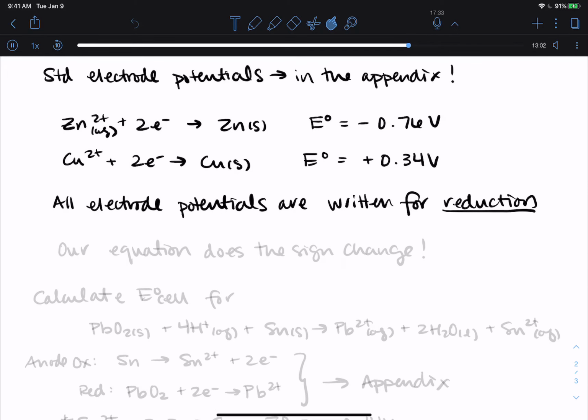However, these potentials will follow the rules that we have gotten used to seeing for things like delta H and delta G, where if you flip the reaction, you change the sign. However, we don't have to do that. All you have to do is use the equation that's given, because it takes care of the sign change for you.